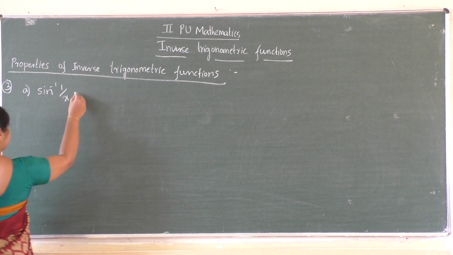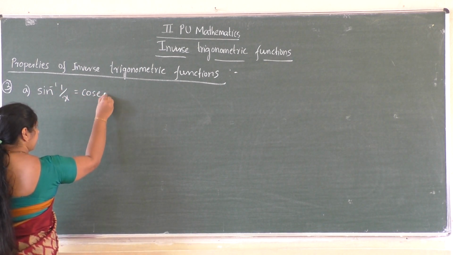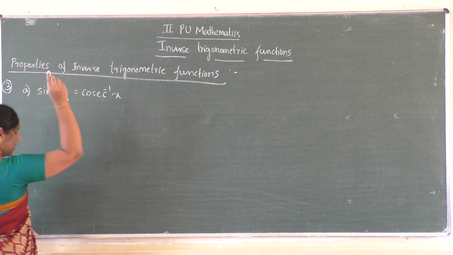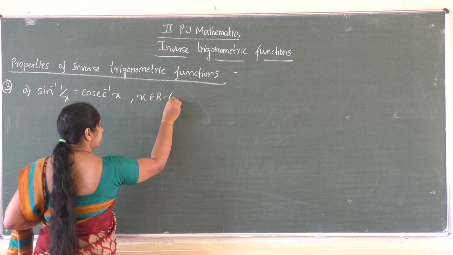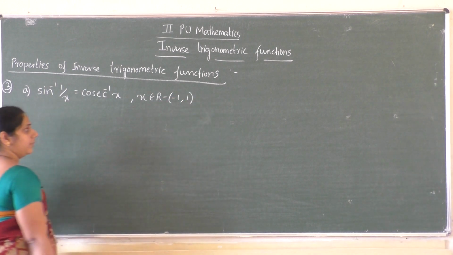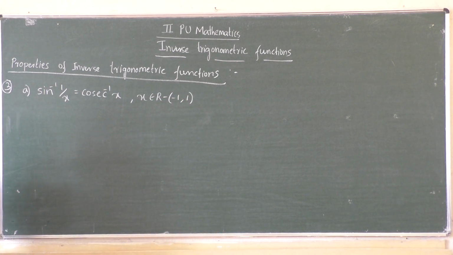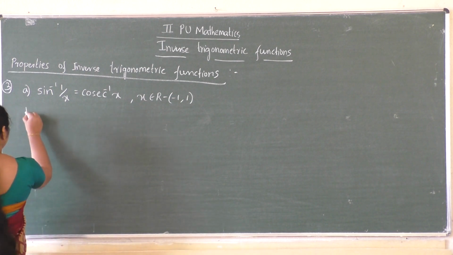sin inverse of 1 by x equal to cosec inverse x, where x belongs to R minus open interval minus 1 to 1.